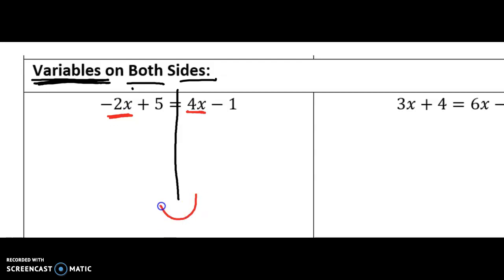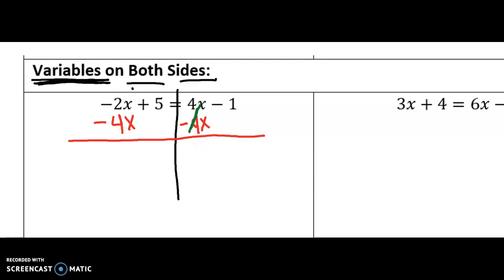It's gonna jump over this line, so you have to make it the opposite. So if this is a 4x, to get rid of it, I need to make it minus 4x. That cancels out, and I can't do one thing to one side of the equation and not do it to the other. So I need to do it on this side, minus 4x, like that.